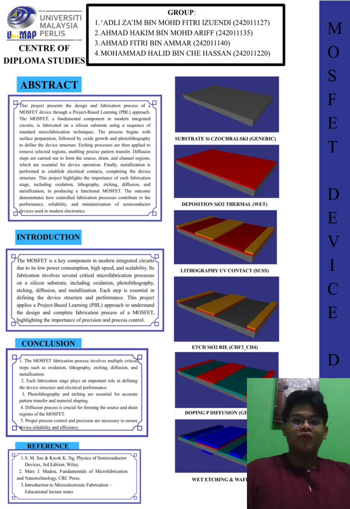Then we are going to move through the process that we need to do to get the final product. Based on our IntelliSuite simulation, the process shows how a raw silicon material is transformed step by step into a functional electronic structure.